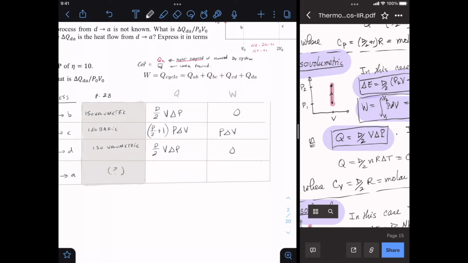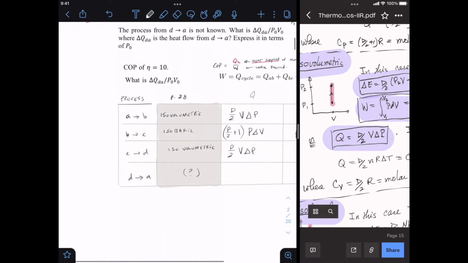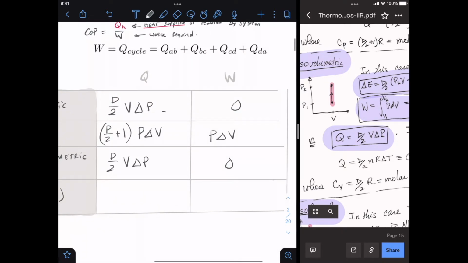We actually don't know for this system, right? So let me label these. So this is QAB, QBC, QCD, and then this would be QDA, so coming back around.